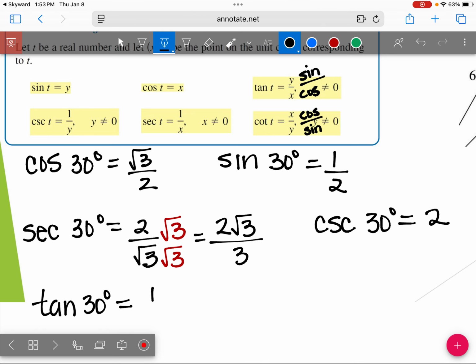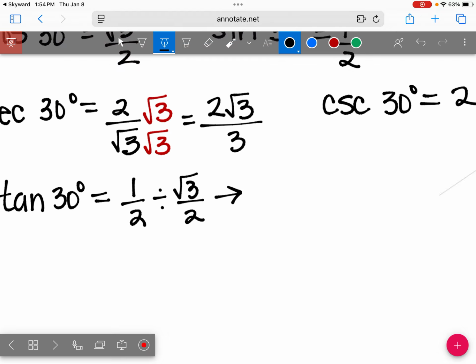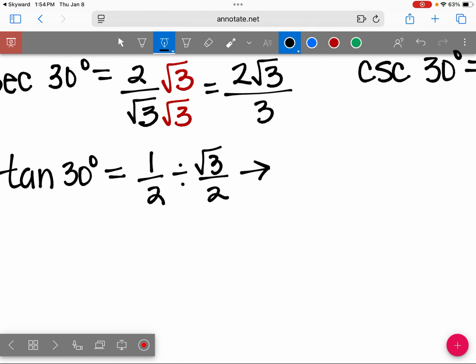I have y, 1/2, divided by square root of 3 over 2. Okay. I'm dividing 2 fractions. What do you have to do in order to divide fractions? Yep, keep, change, flip. Let's do it. So this is going to become 1/2 times 2 over square root of 3.